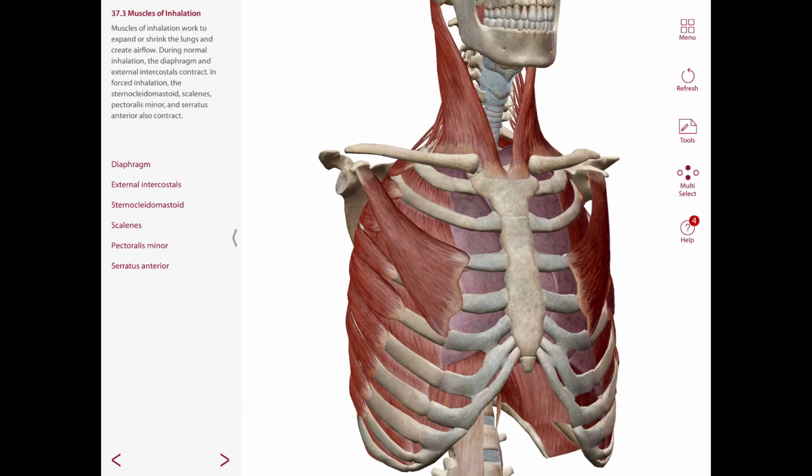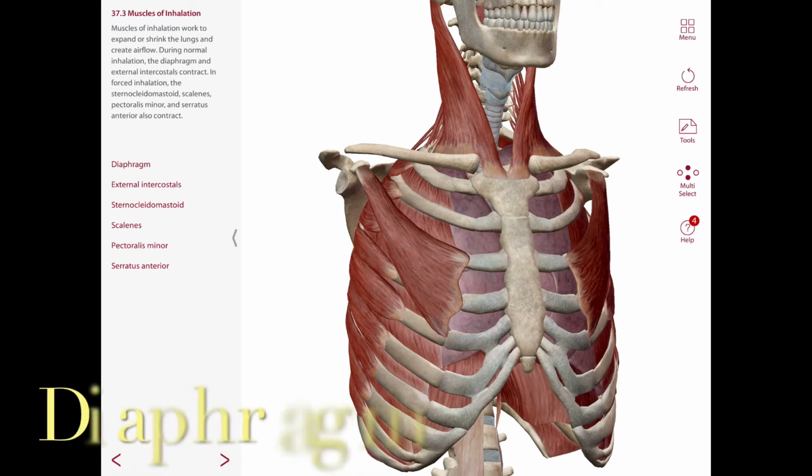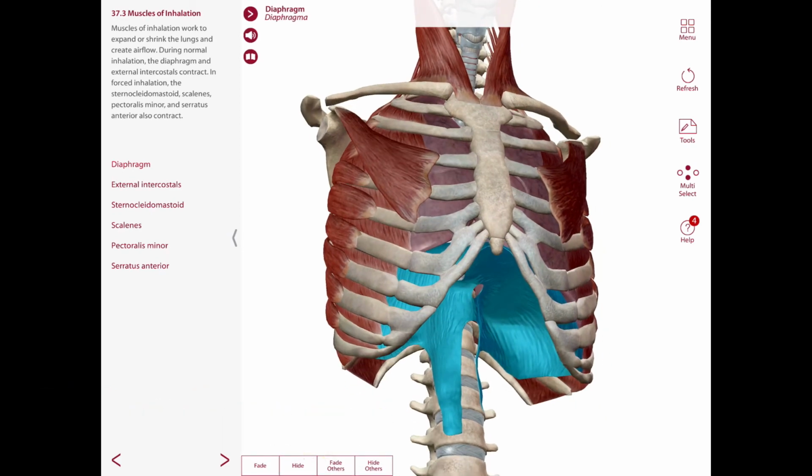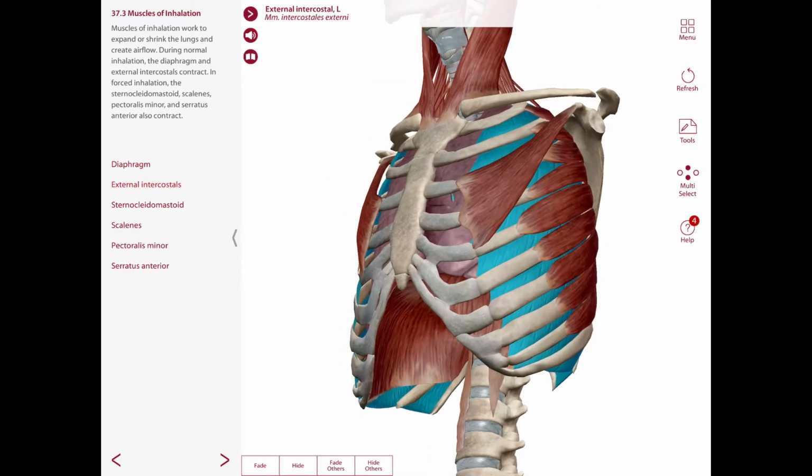So here we have some of those muscles, but normal inhalation is caused by contraction of the respiratory muscles, and the main contributor is the diaphragm, which is this muscle you're looking at right now, which increases the volume of the thoracic cavity when it contracts. We also have the external intercostals that participate by elevating the ribs, which also increases the volume of the thoracic cavity.